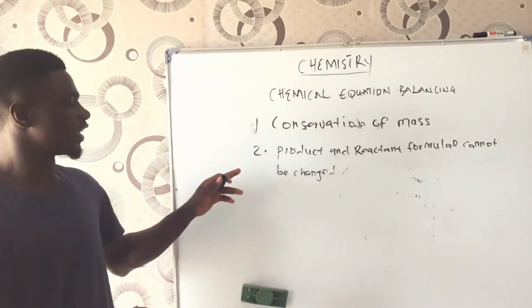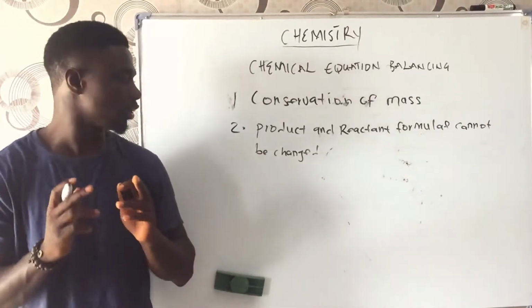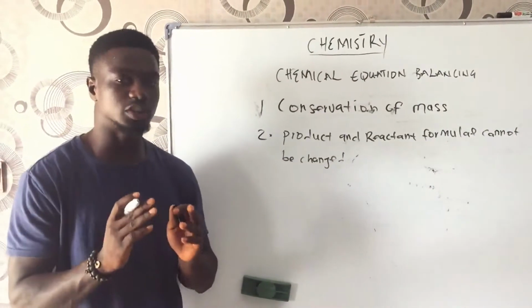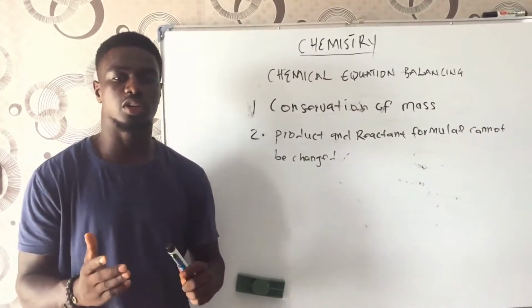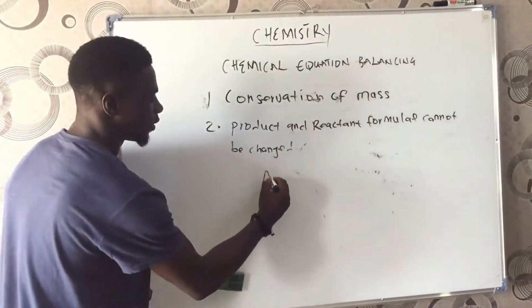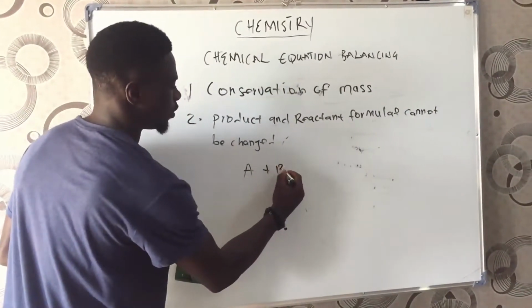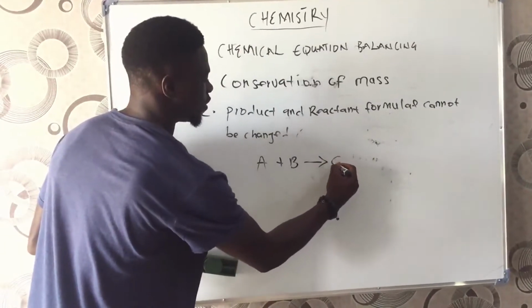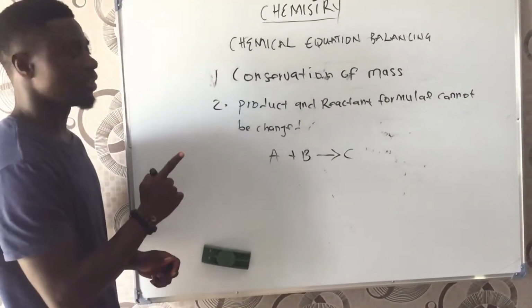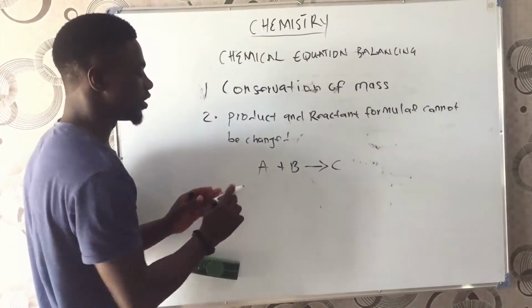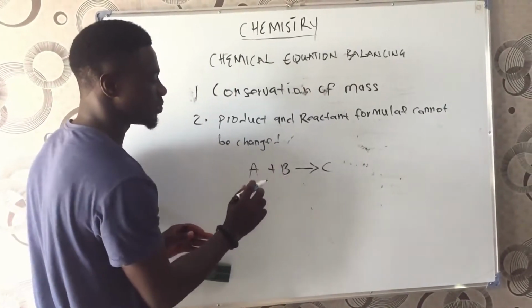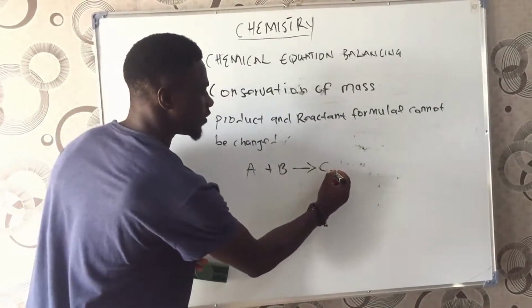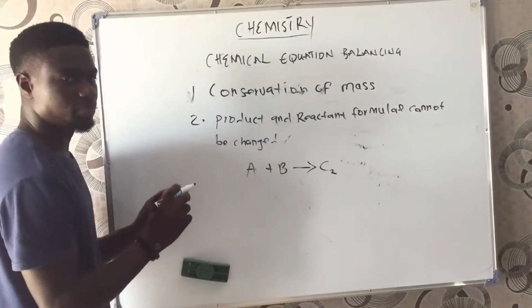There's also another rule which states that product and reactant formulas cannot be altered, cannot be changed. What this is trying to say is if A plus B gives you C, that's A reacting with B to give you C, it cannot be changed. A can't be changed, B can't be changed, and C, if C has a subscript, it can't be changed.